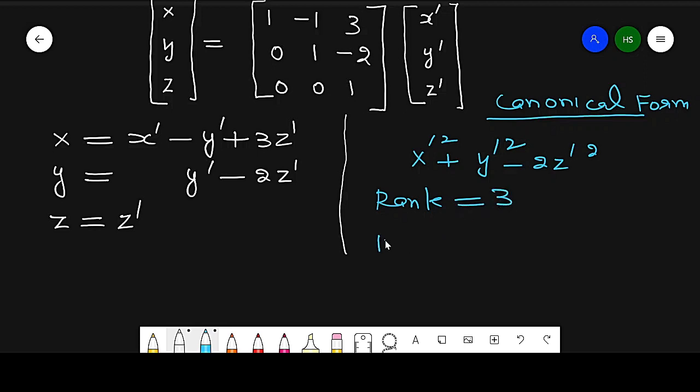Now how can we find the index? Index is the number of positive terms. So positive terms are 1 and 1, that is 2. So index is 2.